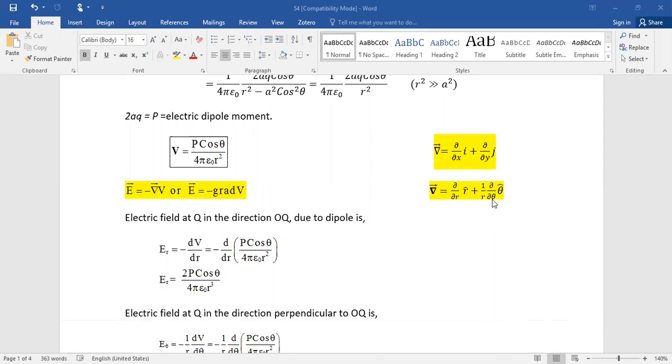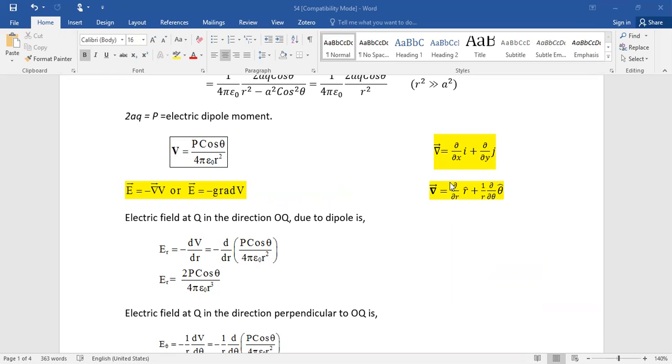Remembering this expression for del, let us find the del of V. Del of V means gradient of potential. Take del and operate it on V. That is nothing but the gradient of the potential. Let us operate this del on this potential and then apply minus sign also. Minus del V.